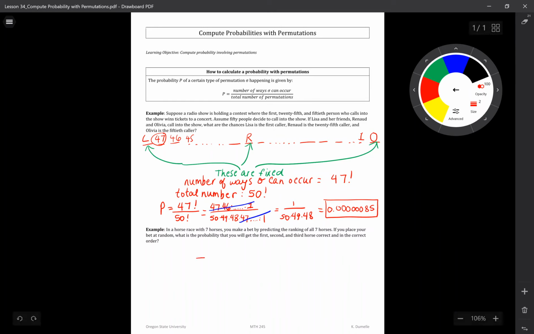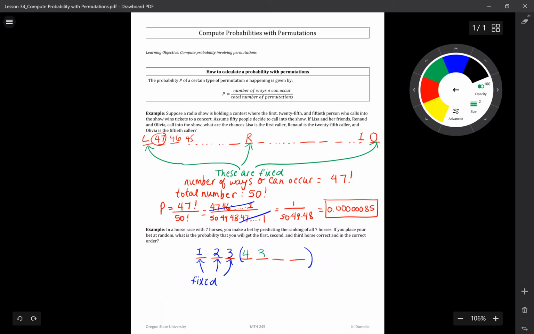So I have 7 horses. 1, 2, 3, 4, 5, 6, 7. And let's see what the number of ways that sigma can occur is. So I guess the first one correct, the second one correct, and the third one correct. So these are all fixed. Okay, so I have 3 horses already accounted for. How many different possibilities are there for these last 4? Well, there are 4 possibilities for this one, since I have 7 and 3 of them are already accounted for.